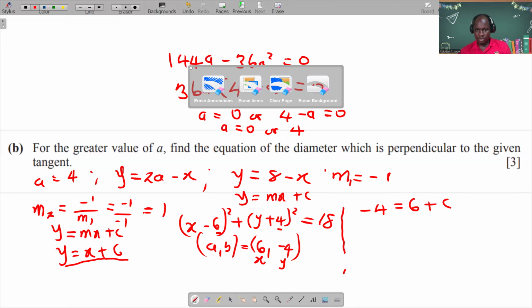So -4 minus 6 equals c. My c equals -10. So the equation of the diameter is y equals x minus 10. This is the equation of the diameter that is perpendicular to the tangent.